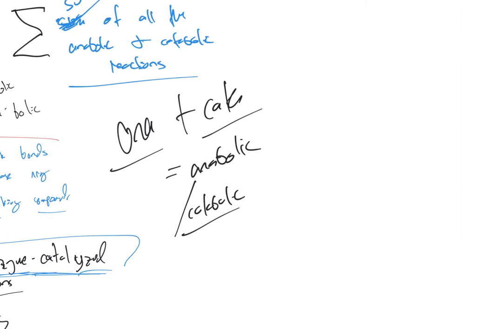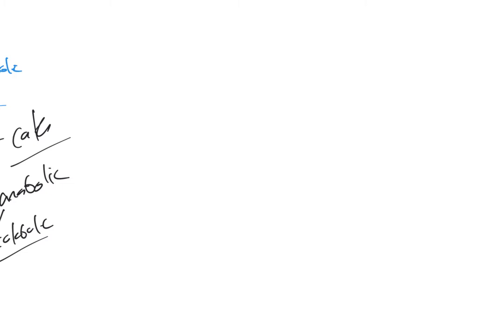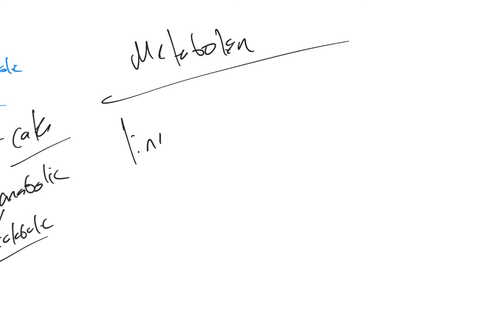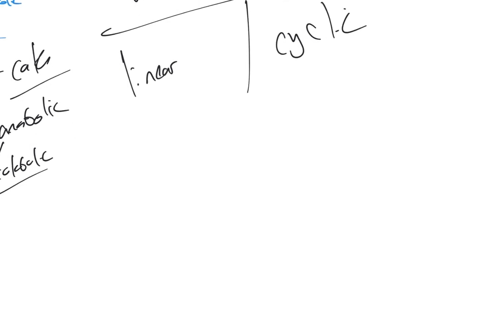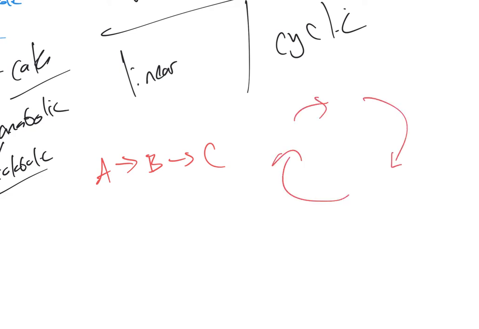Okay, so now the next thing about metabolism is it can be linear or cyclic, which means you have step A, step B, step C. Cyclic looks like a circle.